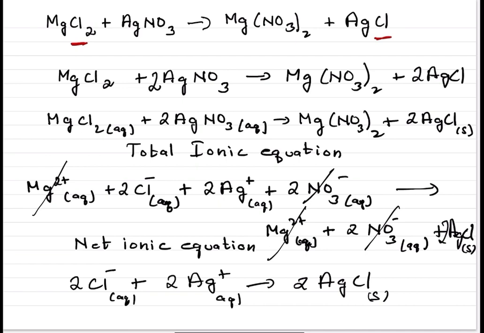And this is your final net ionic equation: 2Ag plus, 2Cl minus, those are aqueous, and it gives you 2AgCl. So this is the net ionic equation. So it's completely balanced and clear. I hope you all have understood how to write the net ionic equation, and you have understood the term spectator ions.